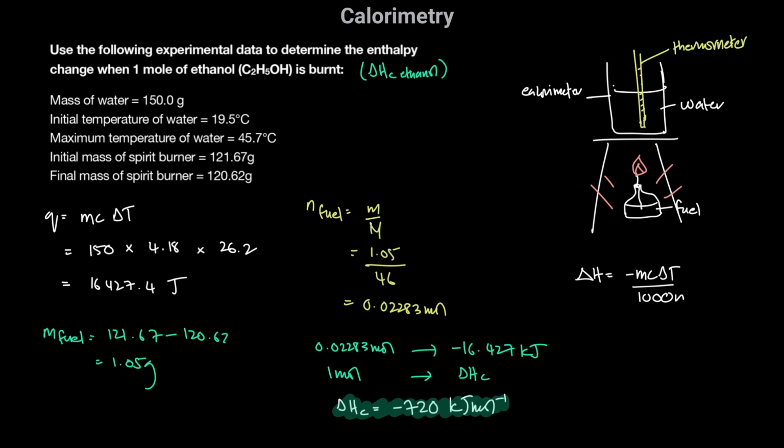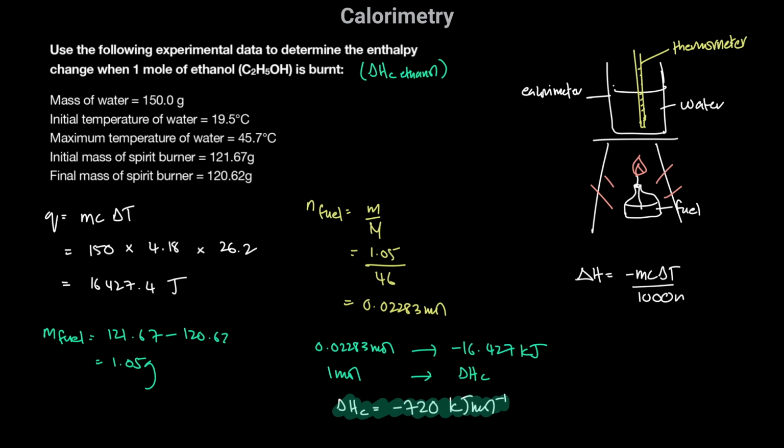So that means that the heat released, or the enthalpy change for the system, will be negative if Q is positive. So that's minus mc delta T in joules. Then we divide by 1000, we convert the joules to kilojoules, and then we divide by the number of moles of fuel to get the enthalpy change per mole of fuel combusted.